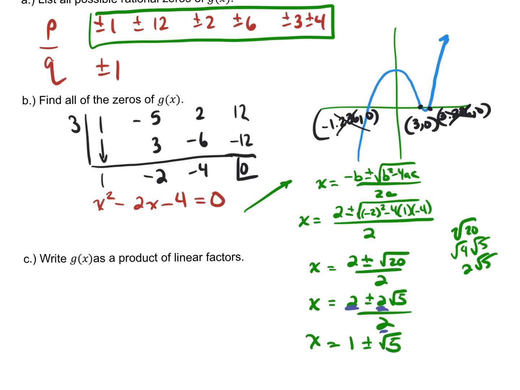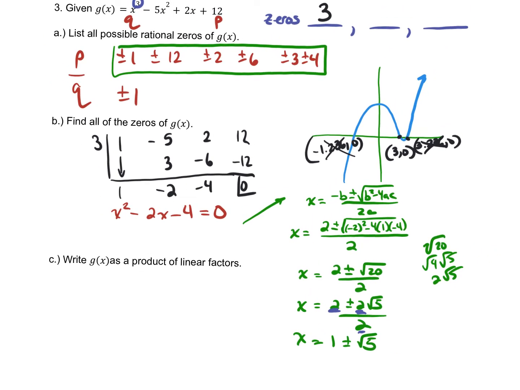So in this case, our other 2 zeros were not imaginary, they were irrational. Those weird decimals we saw on Desmos are simply 1 plus square root of 5 and 1 minus square root of 5. So those are my 3 zeros. So this is obviously a big part of what we did in the last chapter. Finding possible zeros, dividing it out, getting to a quadratic we could solve. Now sometimes you didn't have to do quadratic.